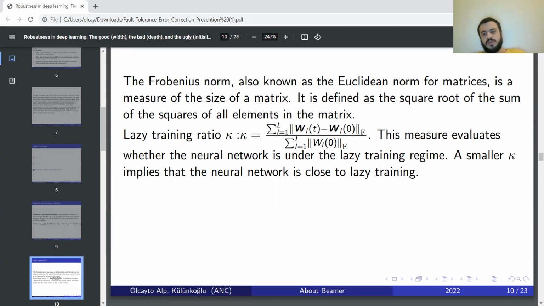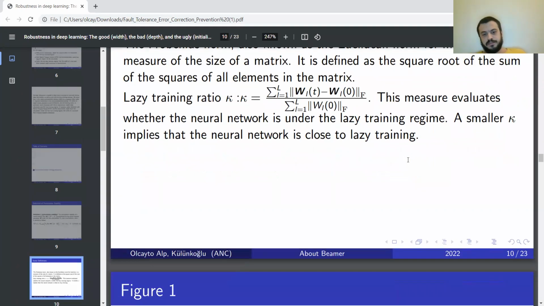So when this is low, we have lazy training, and when it gets higher, we approach the non-lazy training regime, because the difference from the initial conditions changes more significantly.